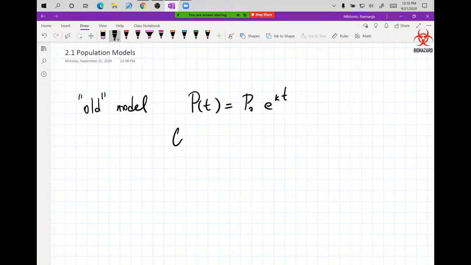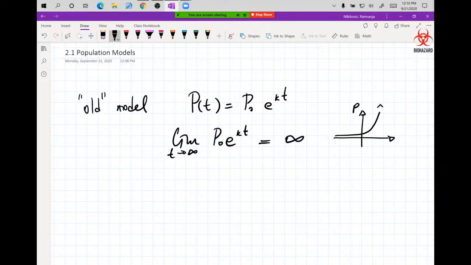But if you take the limit as t goes to infinity of the population model we have, it turns out to be infinity, because a basic exponential function graphs this way, going to positive infinity up there in population, and your P0 would be right there, with time t in years.